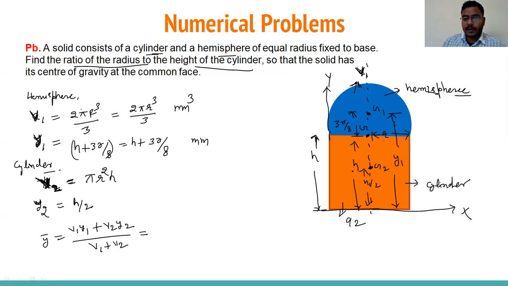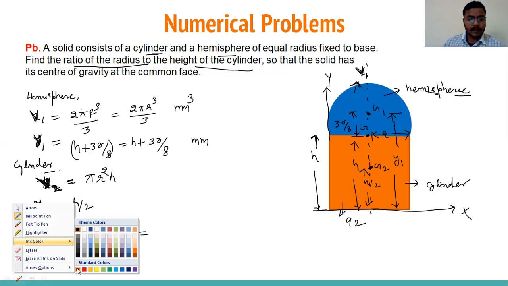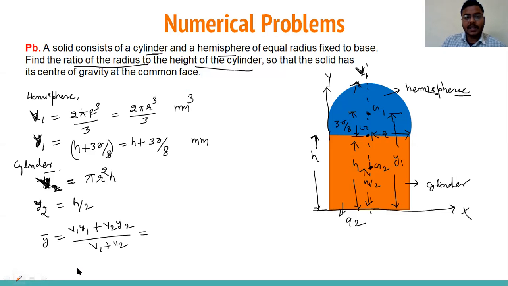But y bar for this section is mentioned in this question. In the question, it is mentioned the center of gravity is at the common face, here. It means for this composite section the y bar is given, and y bar is this distance. So what will be the y bar? That will be h. So we can write y bar is h.